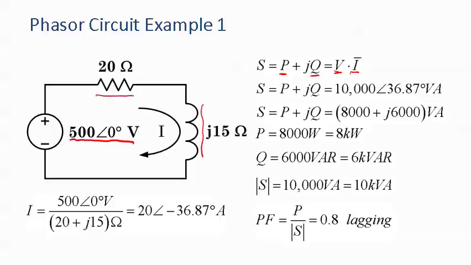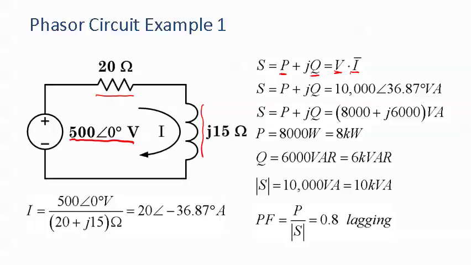Now we're going to see how much complex power this load will take from the voltage source. To get the current, we will divide the entire loop impedance into the voltage. So 20 plus j15 divided into 500 will give me 20 at an angle of minus 36.87 degrees.